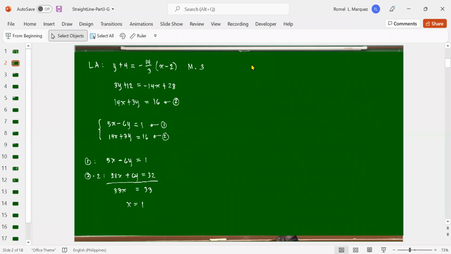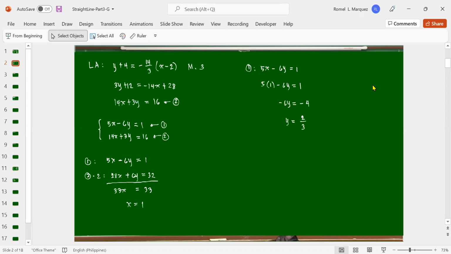What about the y value? For y, we have from equation number 1, 5x minus 6y is equal to 1. But what is our x? 1. And then minus 6y equals 1. Therefore, negative 6y is equal to negative 4. Y therefore is negative 4 over negative 6, that is 2/3.